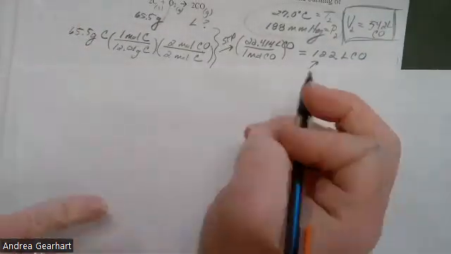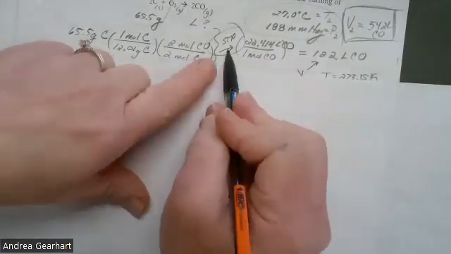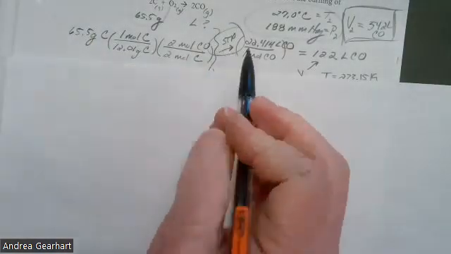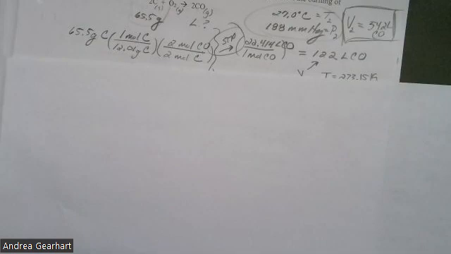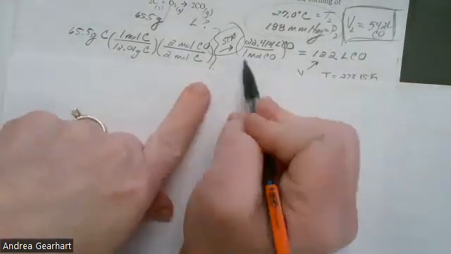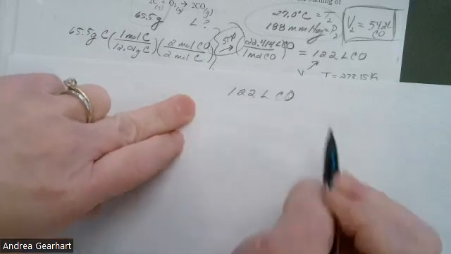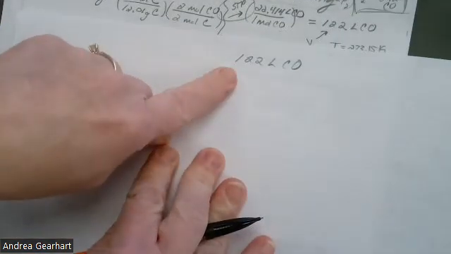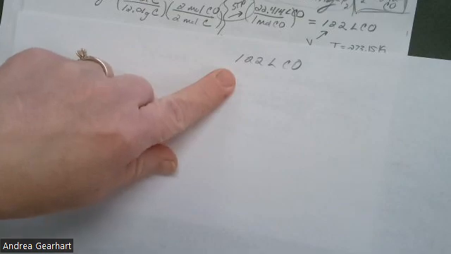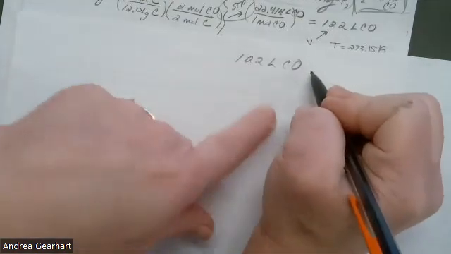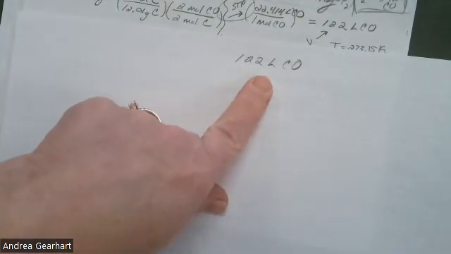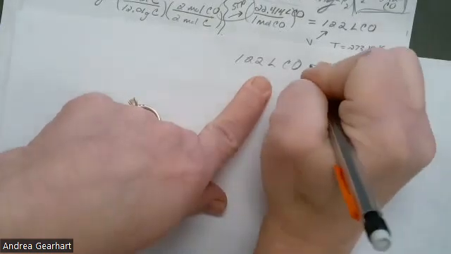Absolutely. Okay, so if we're going to put ourselves as if we were at STP, we're going to apply molar volume, and then you get 122 liters of carbon monoxide at STP. Rishi, do you want to call this V1 or V2? Sure.